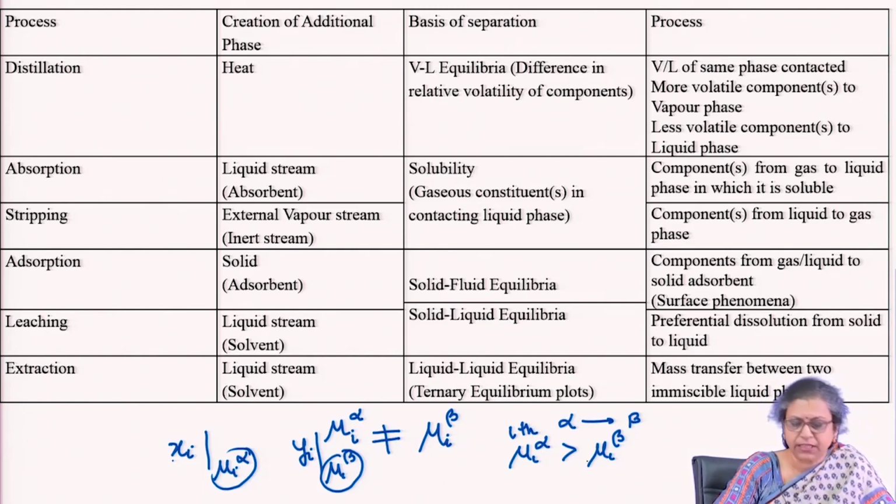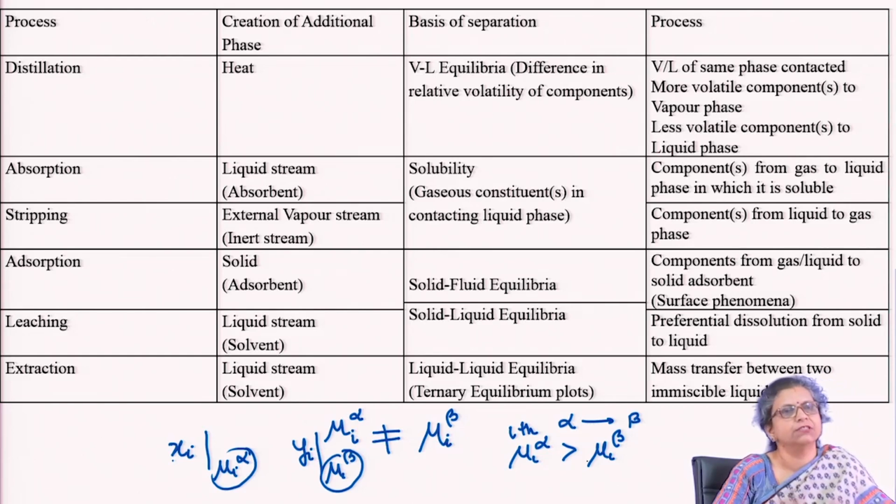For adsorption and leaching, definitely it is the solid liquid and the solid gas equilibrium which is important, and for extraction it is the equilibrium between two liquid phases which are not miscible with each other to the total extent.